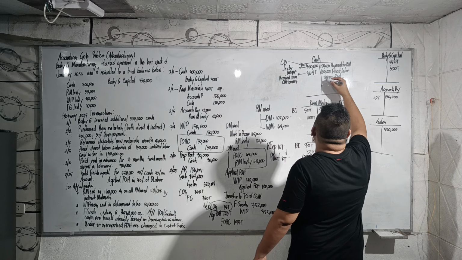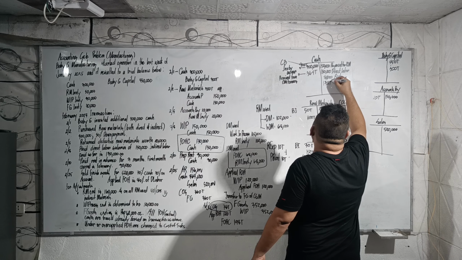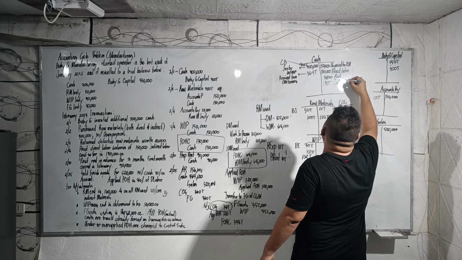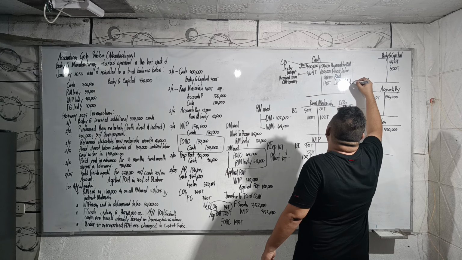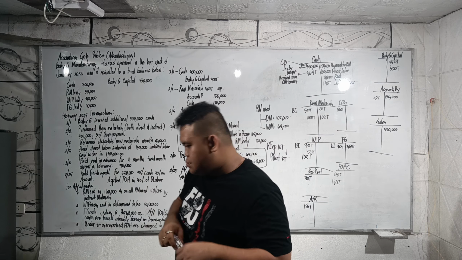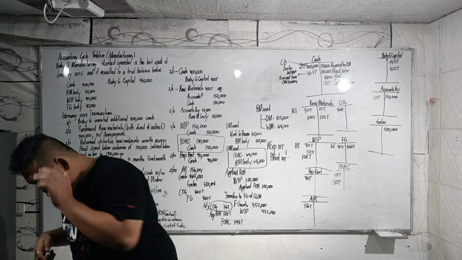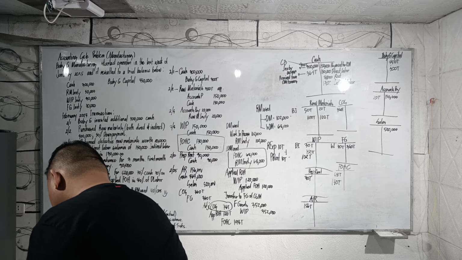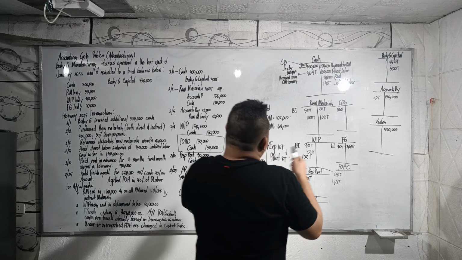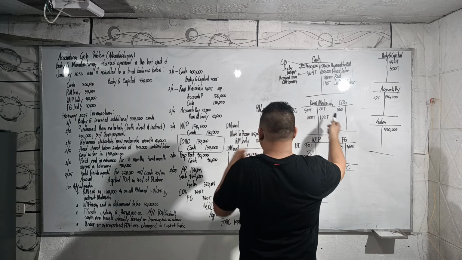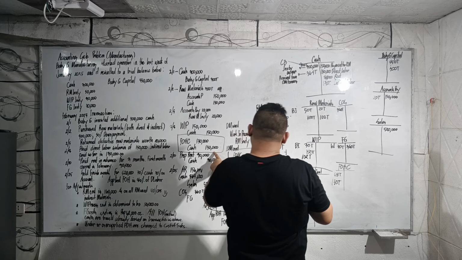So we have 130 indirect labor. Still, in the eyes of the cash flow statement, those are payment for salaries. So the direct labor and indirect labor, those are payment for salaries. So we have 130 and 130. So we have put this already.